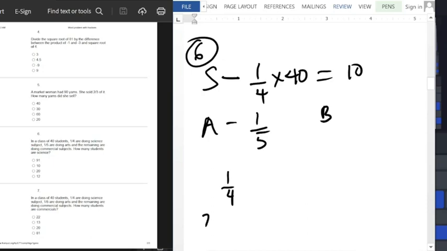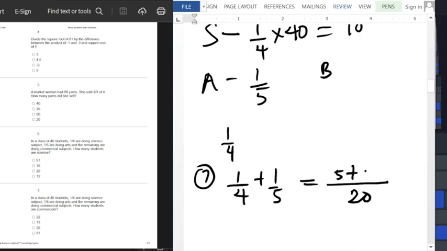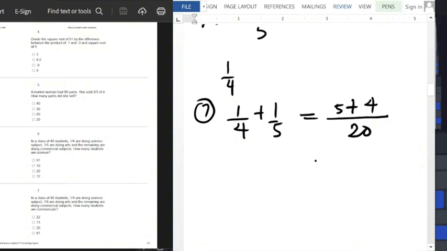Then question 7 is a continuation of question 6. So how many students are commercial? So what we're going to do, we add 1 over 4 plus 1 over 5 together. So this is 20, that is 5 plus 4, right? So that will give us 9 over 20.